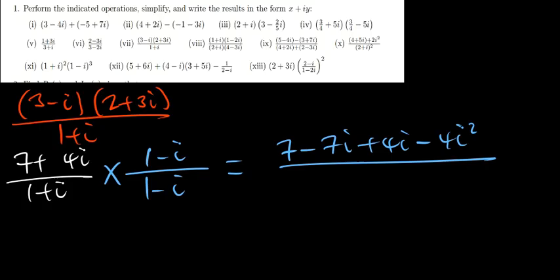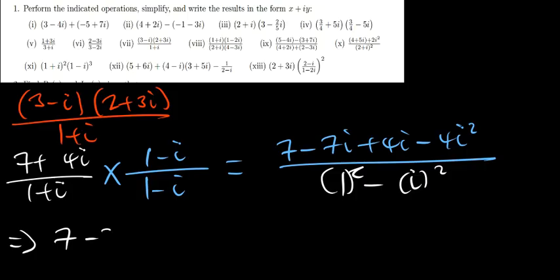The down part, if you want, you can do 1 by 1, or you can just square the one having the negative, which in this case is this one. So 1 squared, put them in the brackets, minus, don't square the negative, like that. So I'll have 7, then these two can be added. Negative 7i plus 4i is negative 3i.